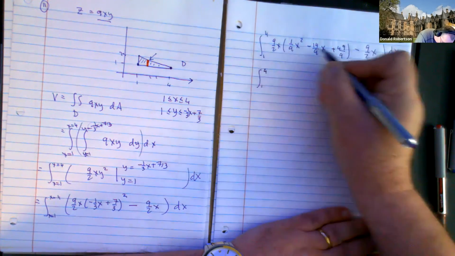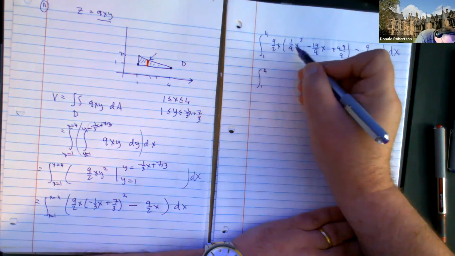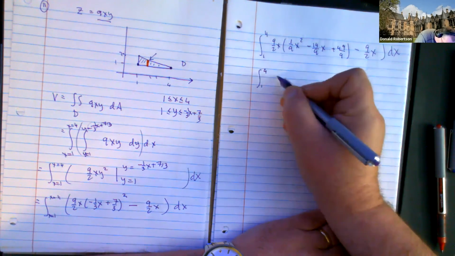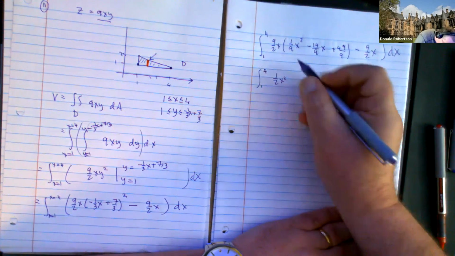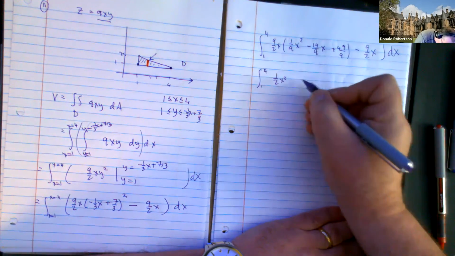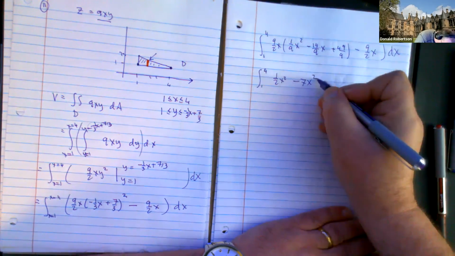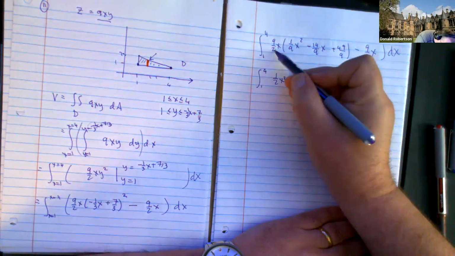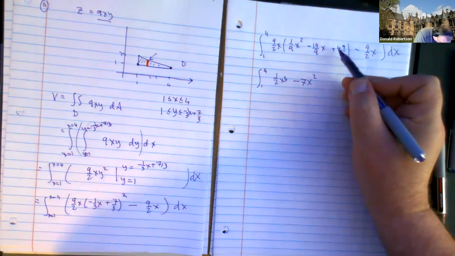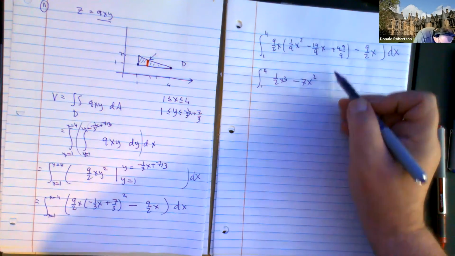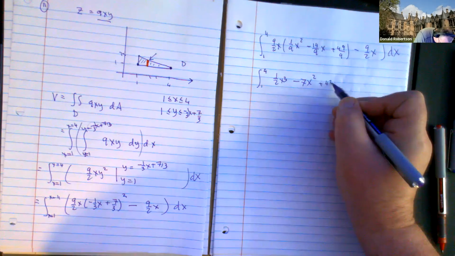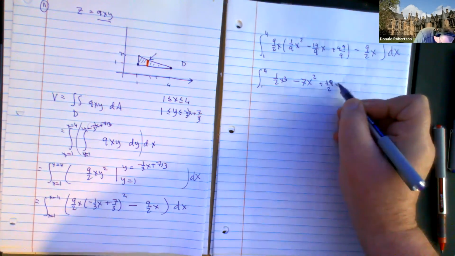Take away 9/2 x. Now I'm going to distribute 9/2. 9/2 times this guy gets you 1/2 x squared. 9/2 times this guy gets you negative 7x. 9/2, no, x squared, x cubed, almost missed that. 9/2 x times this guy, the 9's cancel, you get 49/2 x.